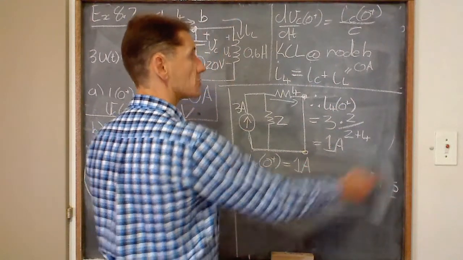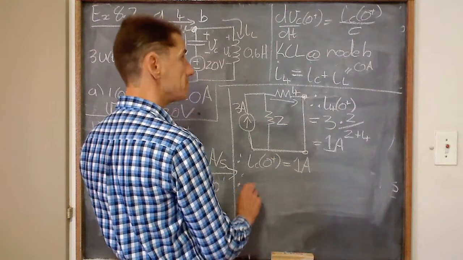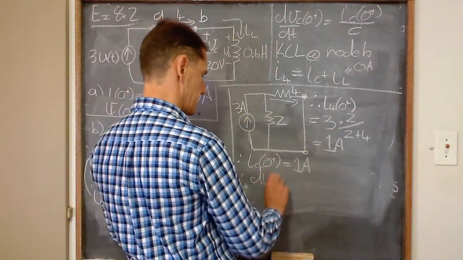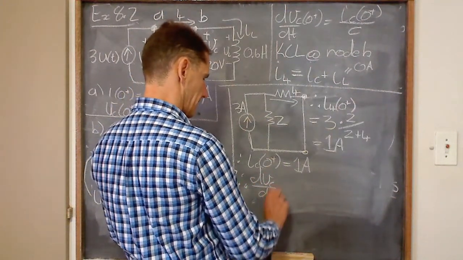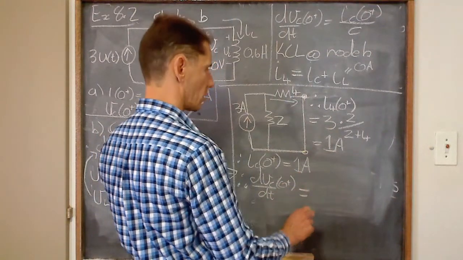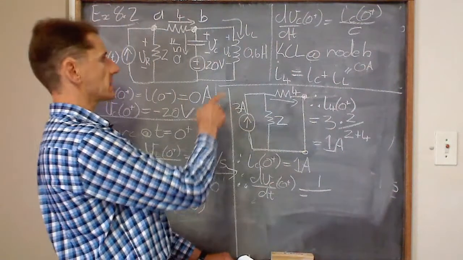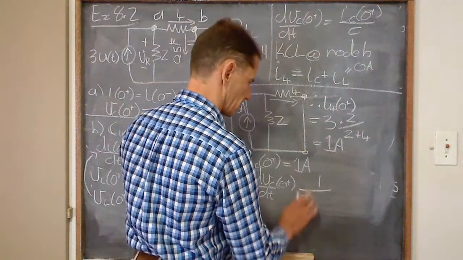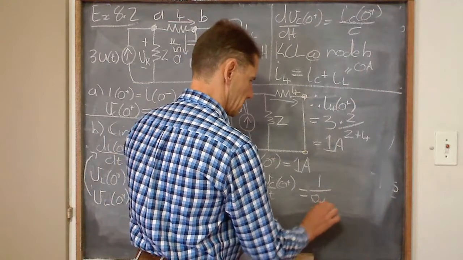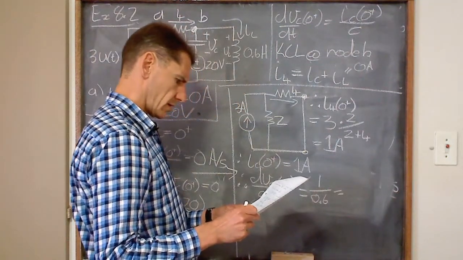And that goes back into our top equation, which means that dVc/dt at time 0 plus equals 1 over what was the capacitance? 0.6. Oh, no, man, this is not going to be a nice number.